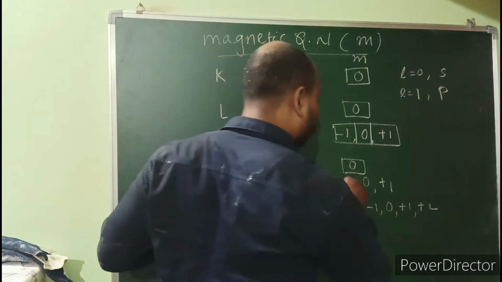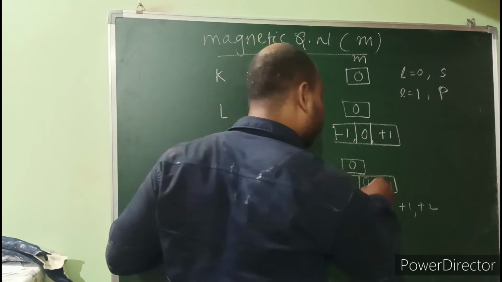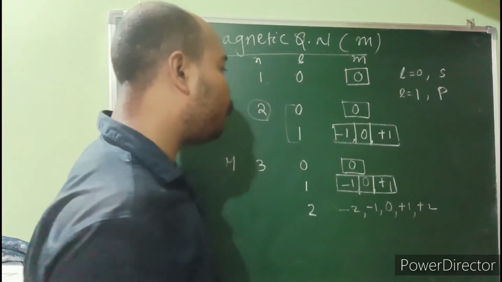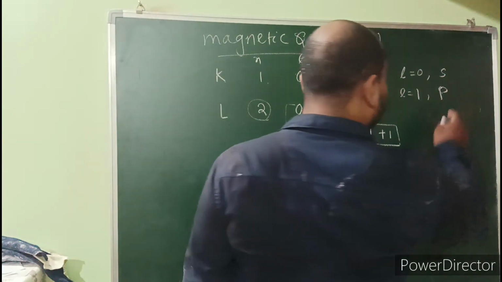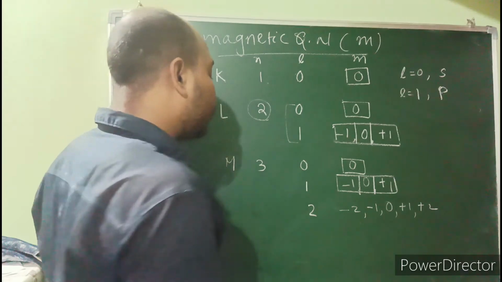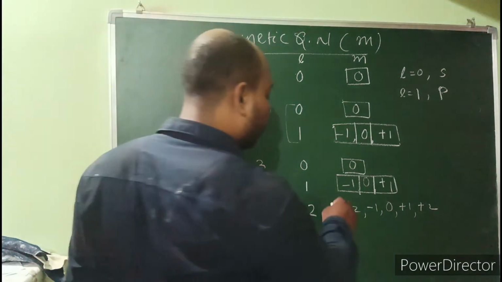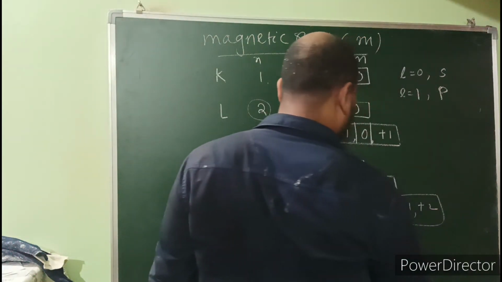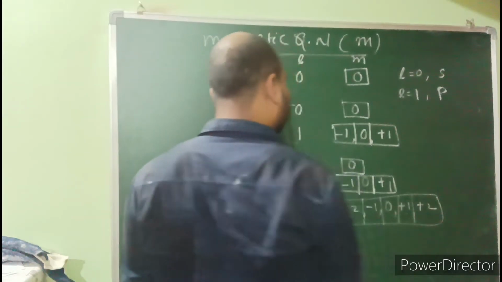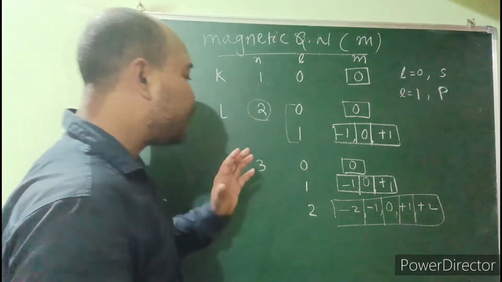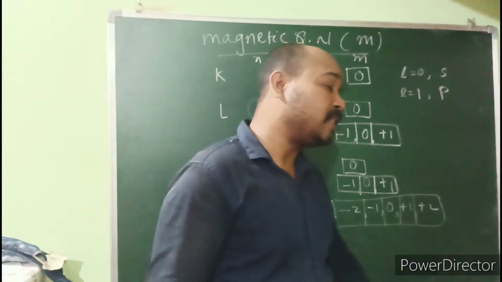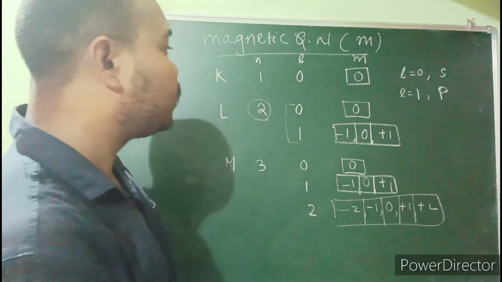Also we find this in 2p and 3p. So in these cases p has 3 orbitals. Now in case of d, there are 5 orbitals: 1, 2, 3, 4, 5. So basically the magnetic quantum number determines the number of orbitals present in a subshell.